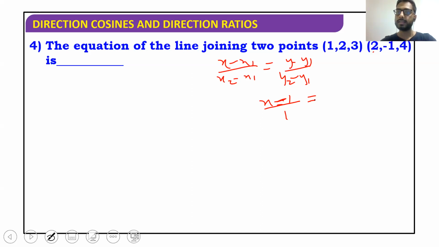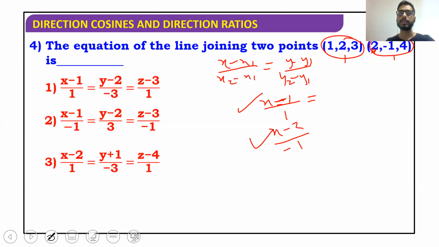It is not necessary that you consider this as point 1 and this as point 2. You can interchange them, and that will also give valid answers. If I assume this to be x1, that would be 2, and x2 minus x1 is 1 minus 2, which is minus 1. So the equation of line can be x minus 1 upon 1, and it can also be x minus 2 upon minus 1. Both these answers are correct.